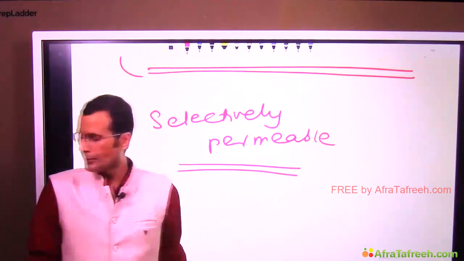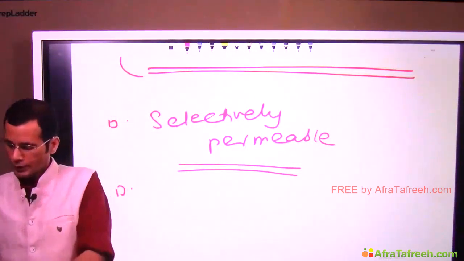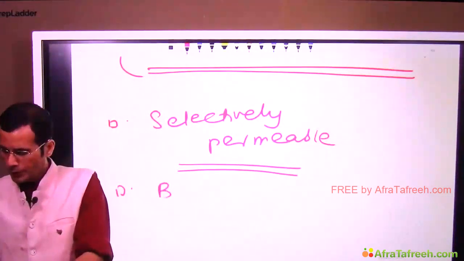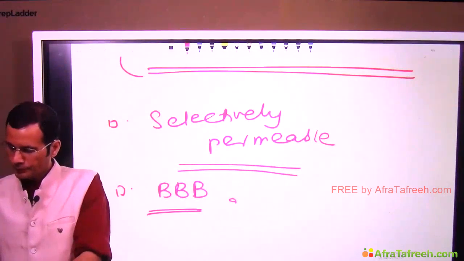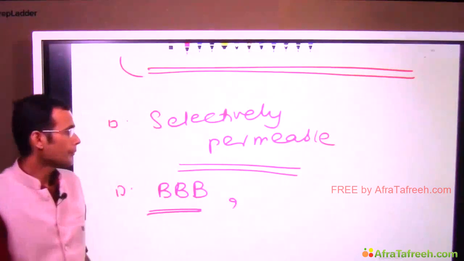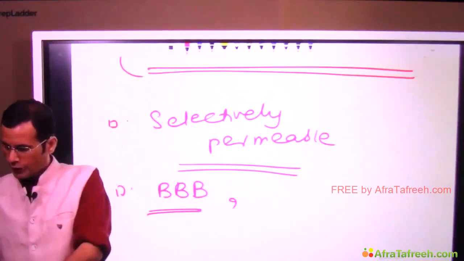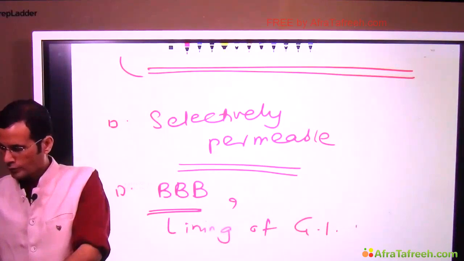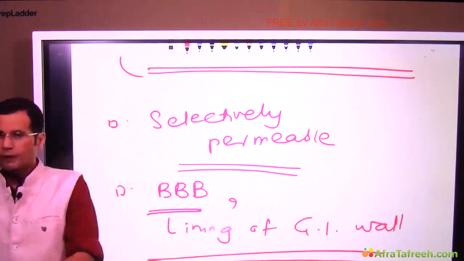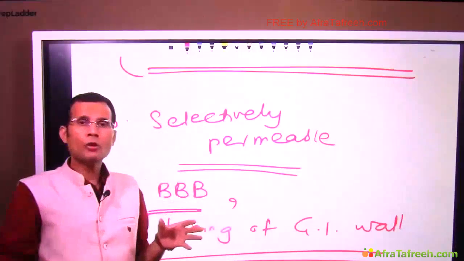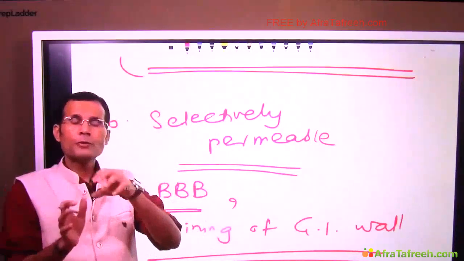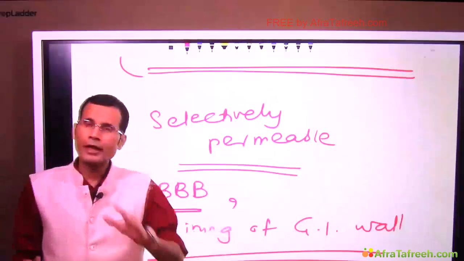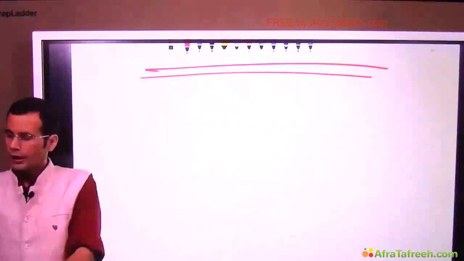So let's take the example where these are found. Tight junctions are found in the blood-brain barrier, selectively permeable, or the epithelial lining of the GI wall. You know, we saw that the smooth muscle in the wall of the GIT, those smooth muscle cells have gap junctions, but the lining of the GI wall has tight junctions.